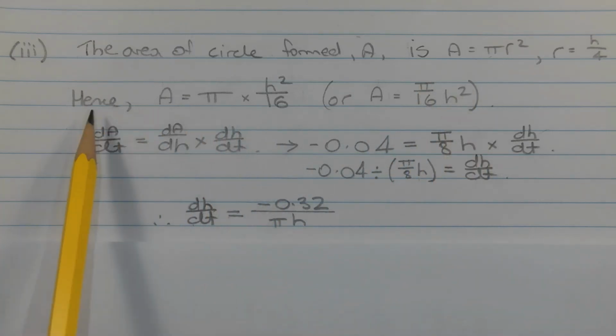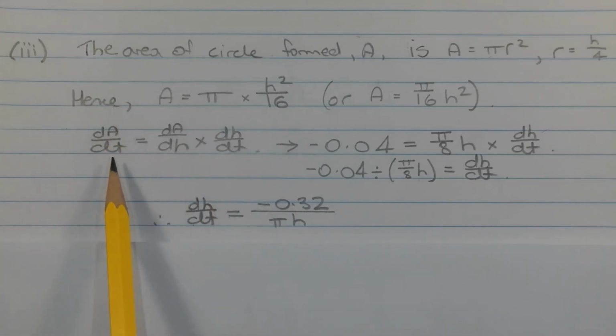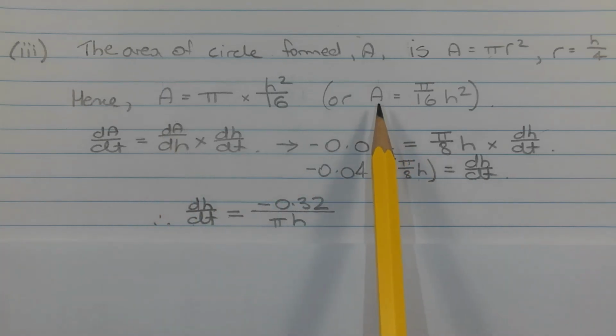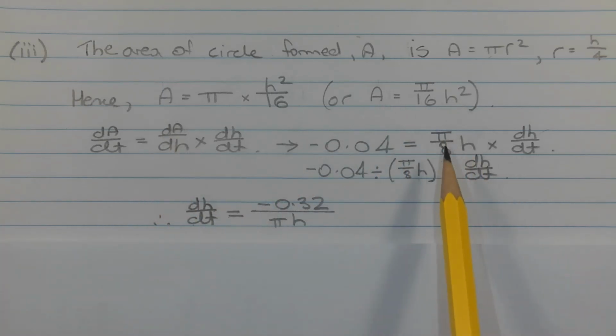We can set up a related rates of change equation using the chain rule. dA/dt is equal to dA/dh times dh/dt. Now we know dA/dt is negative 0.04, and dA/dh is found by differentiating A with respect to h, and we get pi over 8 times h.